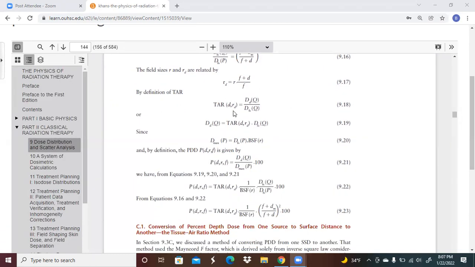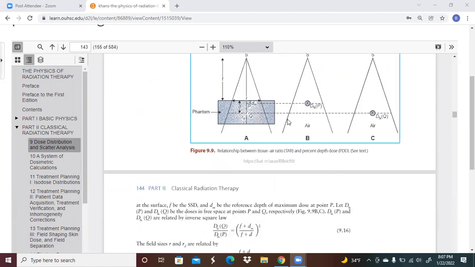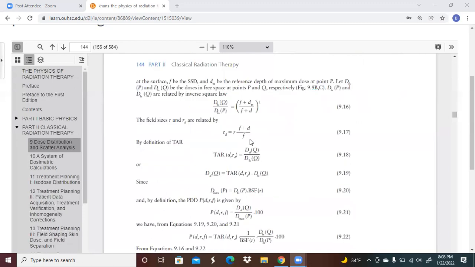We all know that the TAR, which we just defined, is going to be the dose at some point D divided by that same dose in free space. We can rearrange that here to solve for this. Put that here and that here. We know that the Dmax for P, since that's how it's defined here, that's Dmax.